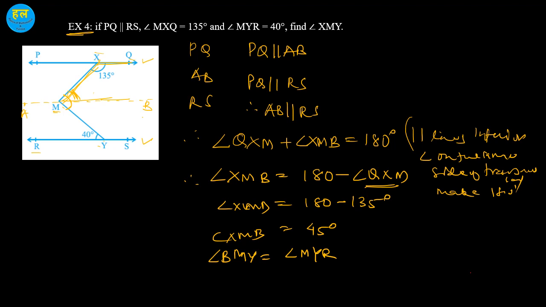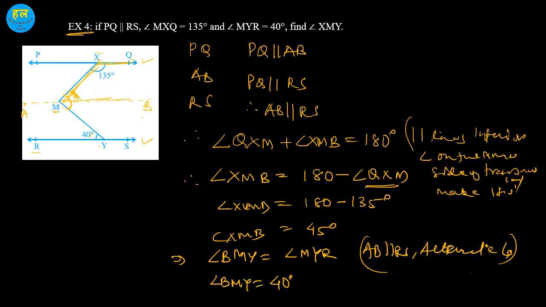Why? Because they are alternate angles of parallel lines, because AB is parallel to RS and they are alternate angles. Therefore, angle BMY will be equal to 40 degrees.